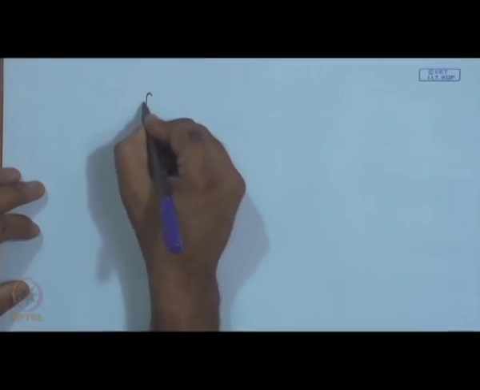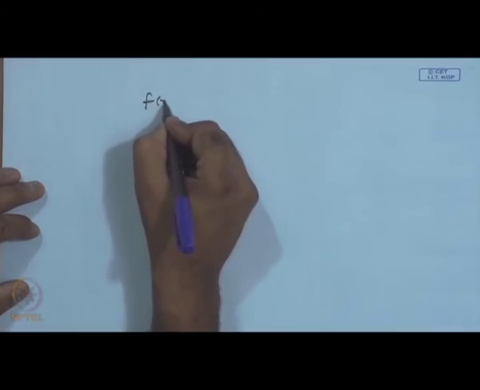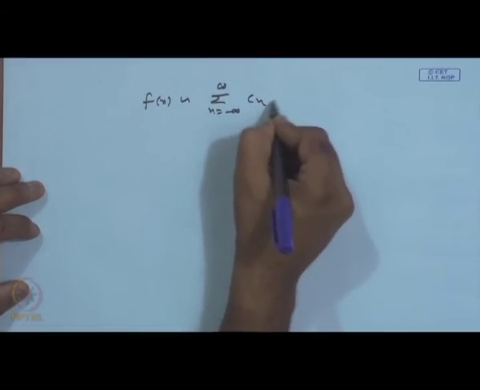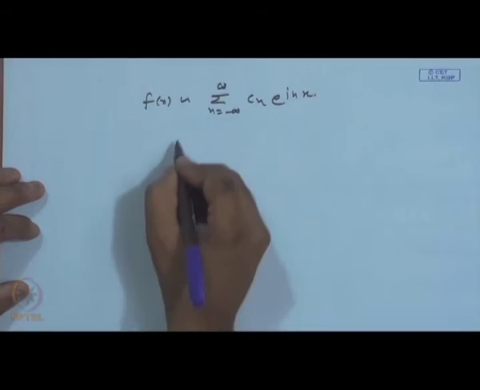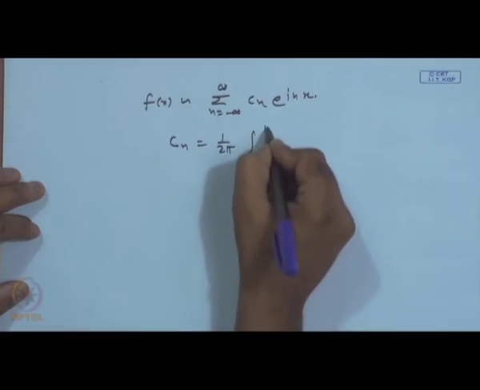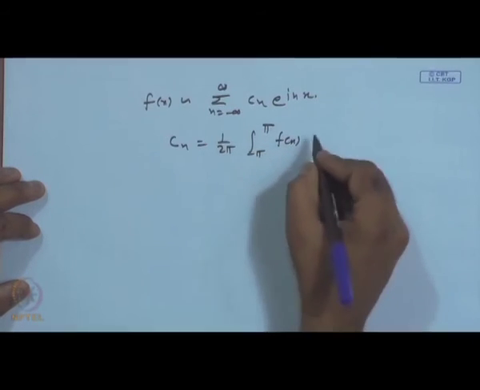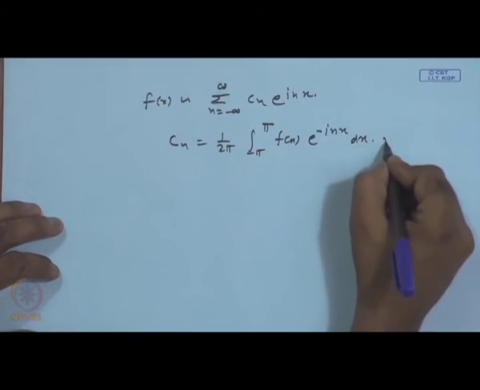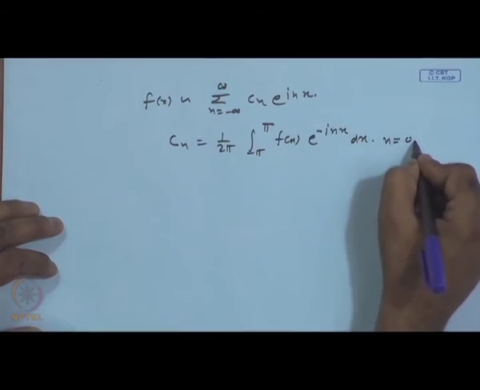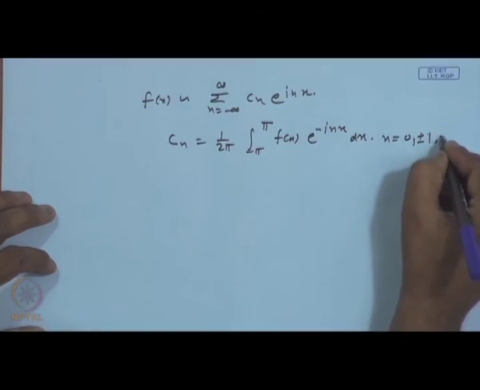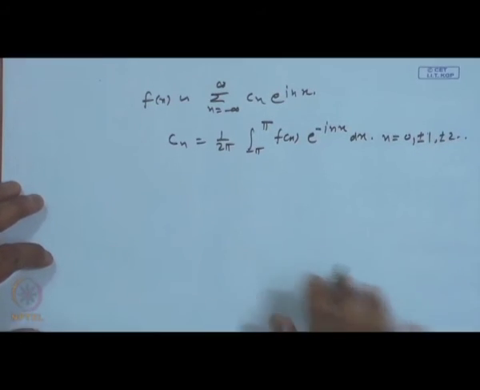Our Fourier series in this complex form for this f(x) is the sum from minus infinity to plus infinity of C_n e^(inx), and this C_n is 1 over 2 pi, integral from minus pi to pi of f(x) e^(-inx) dx, n is 0, plus minus 1, plus minus 2, and so on.